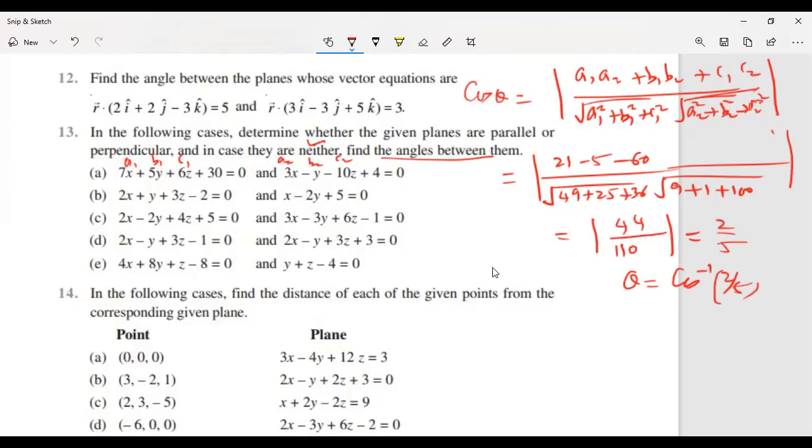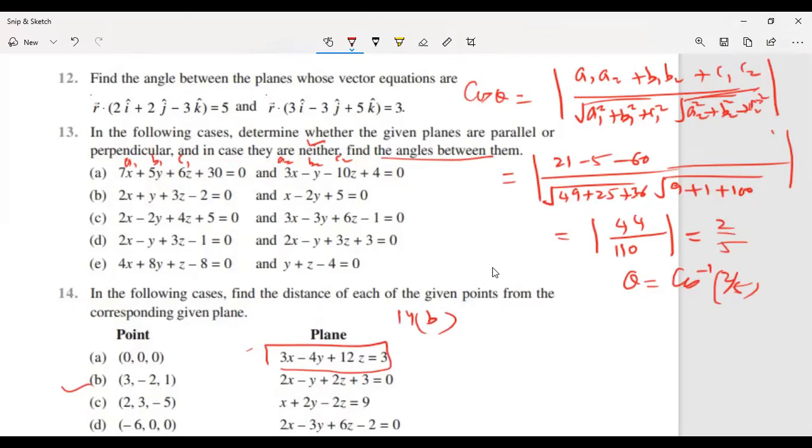Okay. The last point is we have to find the perpendicular distance from a point to the plane. This is a plane, and we have to find the distance. It is very easy.